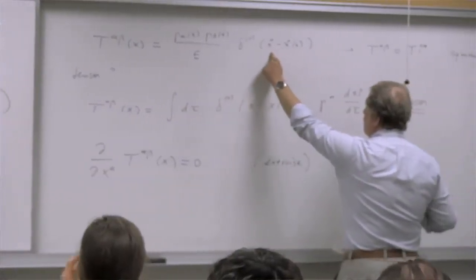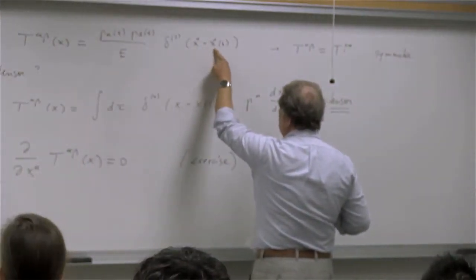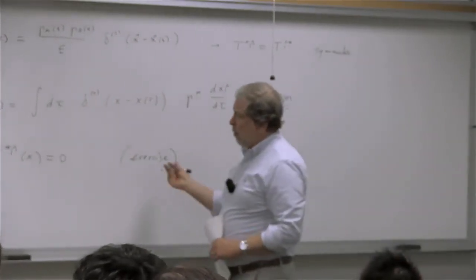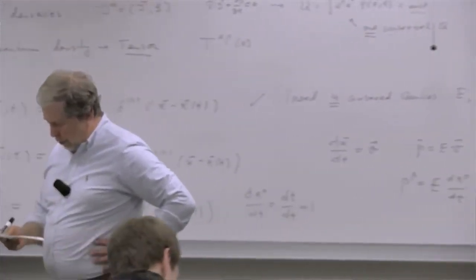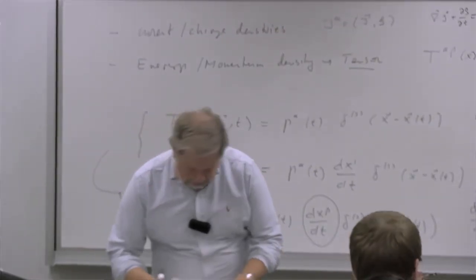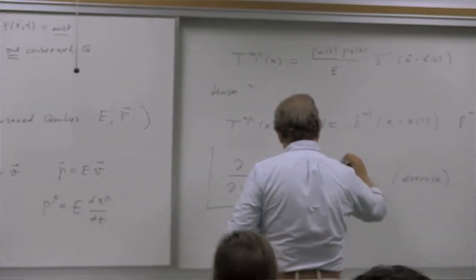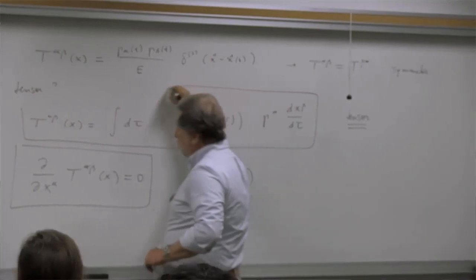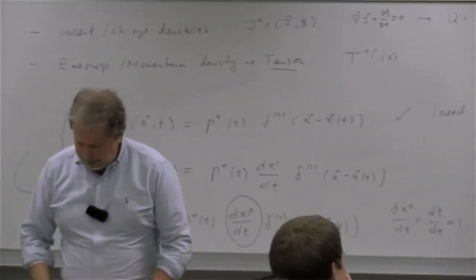So you get a gradient with respect to this x, which you can write as minus a gradient with respect to the trajectory. Then you end up with the naught component of the energy momentum tensor, and so this is conserved. That's another important result, so we'll put a box around that, and we can put a box around this one too, because those are the two most important properties of this object, right?